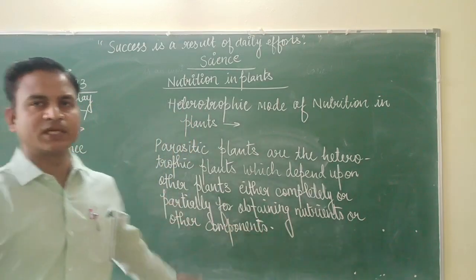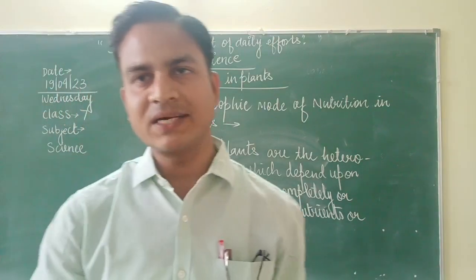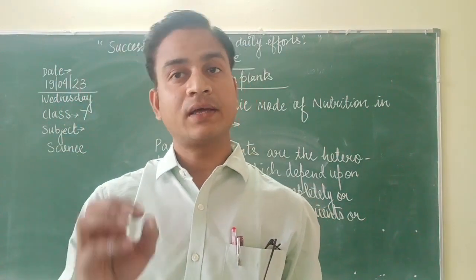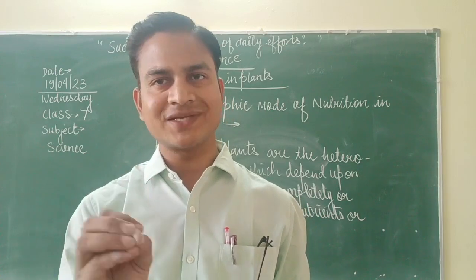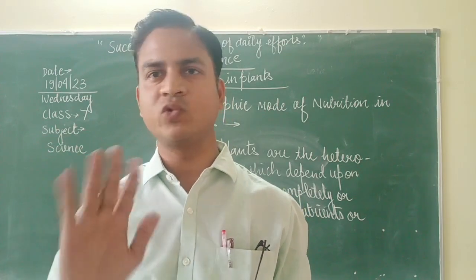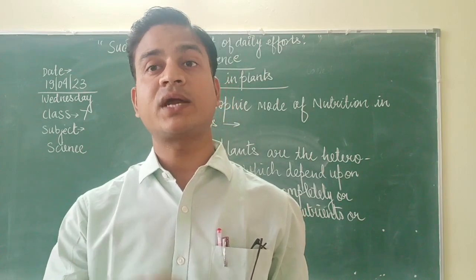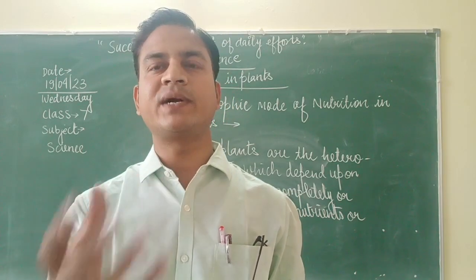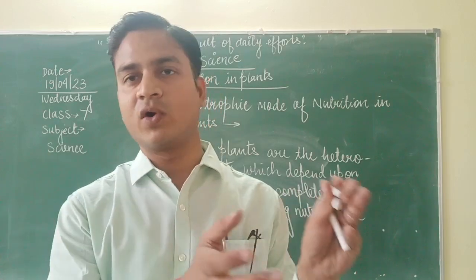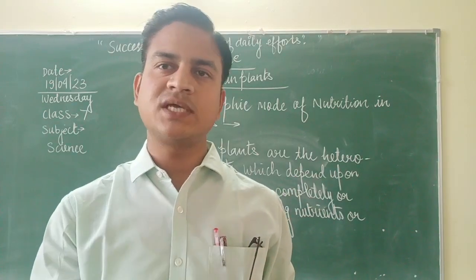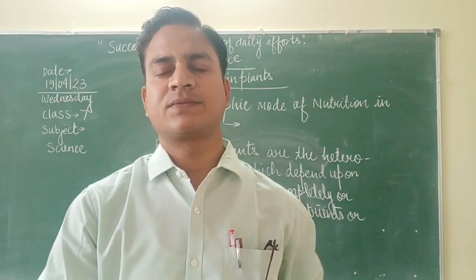As you can see, children, some of the parasitic plants are able to do photosynthesis. If they are able to do photosynthesis but are not getting water, they will depend upon the other plant to obtain water plus minerals. That means they are partial parasites.